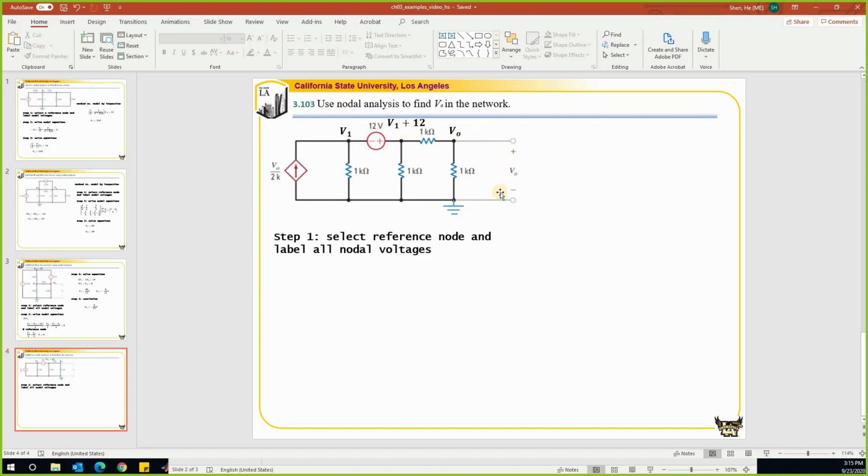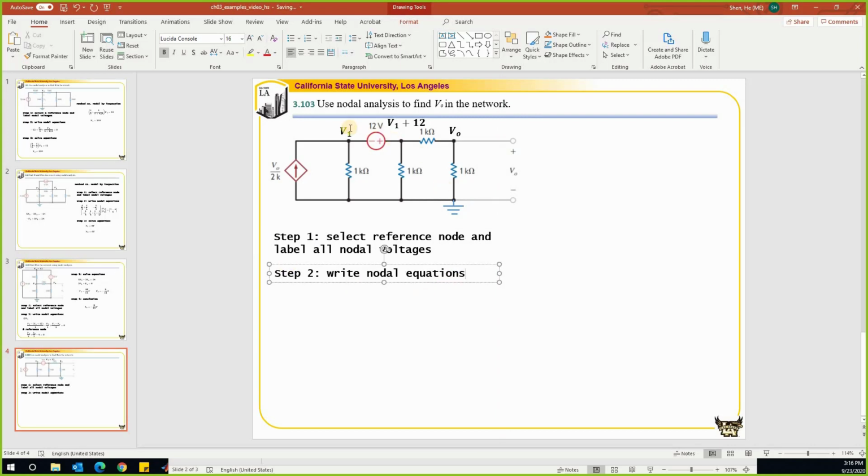All right, I think we labeled everything. On top of that, we also know the relationship between VO and V1 plus 12, right? Because this is two resistors in series, and by using voltage division, we'll be able to find the relationship between VO and V1 plus 12. Let's see which node we're going to pick to write a nodal equation. What do you think?